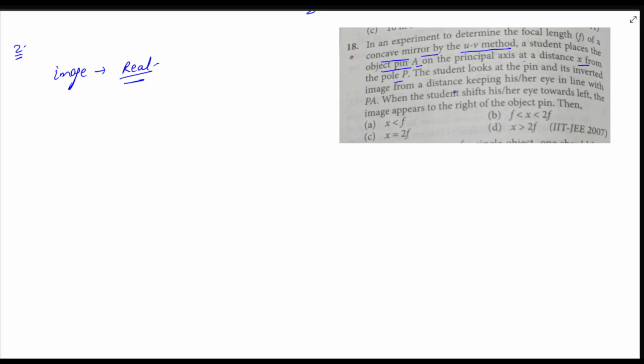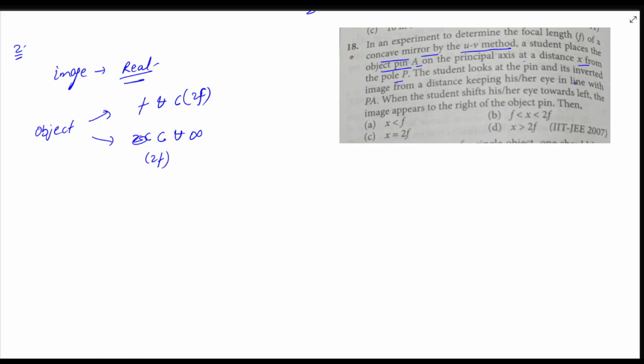So the object must be either between F and C, or it should be between C and infinity. For C we can also write 2F, right? So these two may be correct.